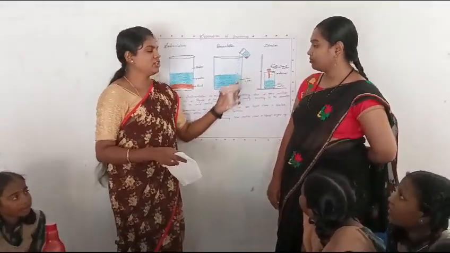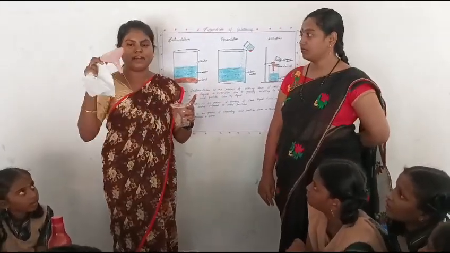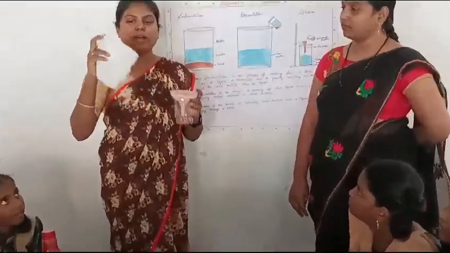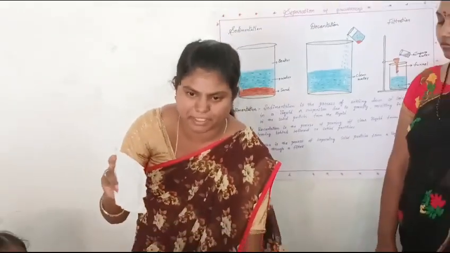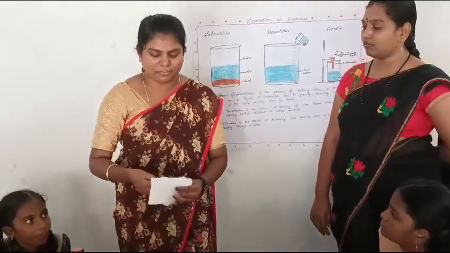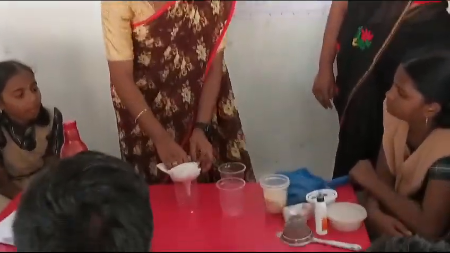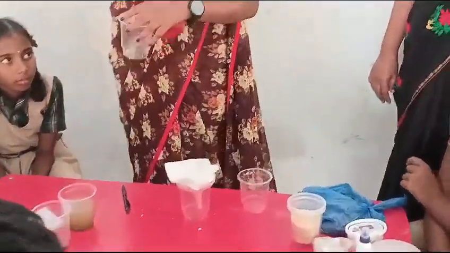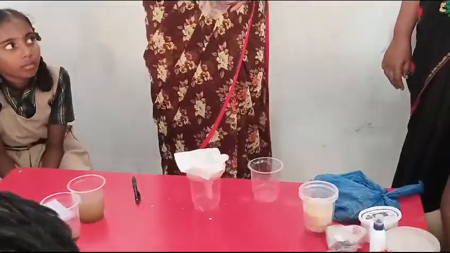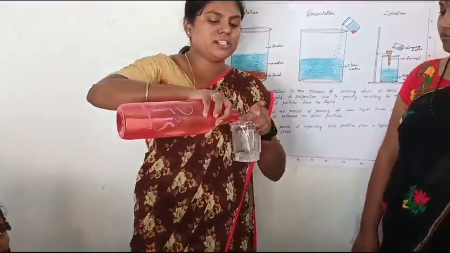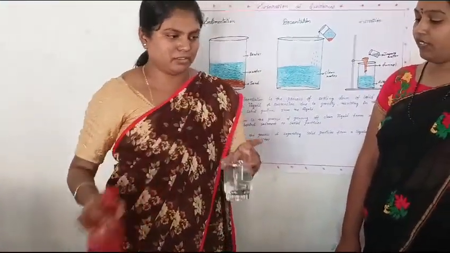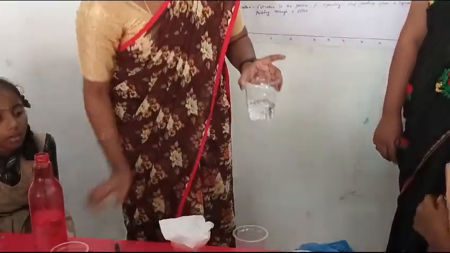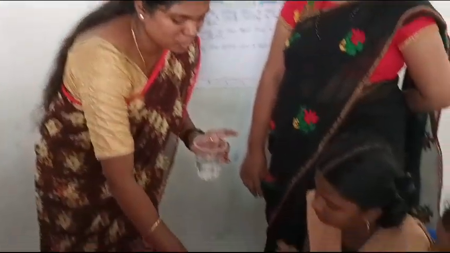For filtration, what we have to take is one funnel, and we have to add one filter paper. So next, after adding the filter paper to this, we have to mix some water. Water is which particle? Liquid particle. After that, we have to add some solid particles.